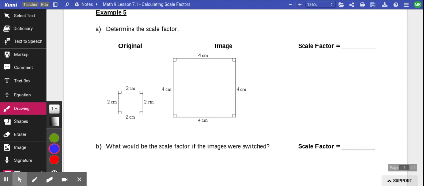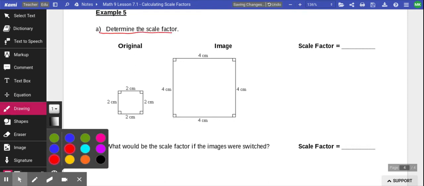If I want to determine the scale factor, I'm going to remember that scale factor equals the new divided by the old. I need to find two spots on the original, and make a side out of that.